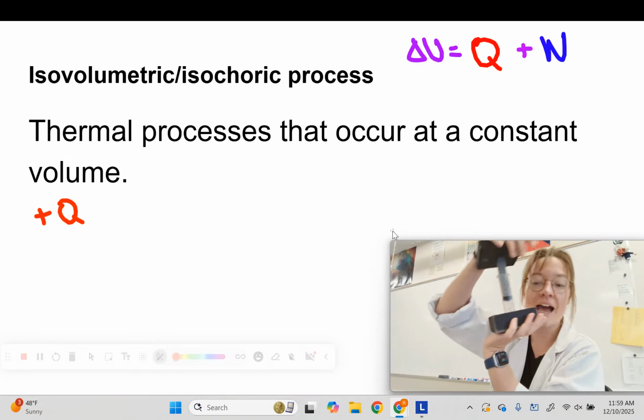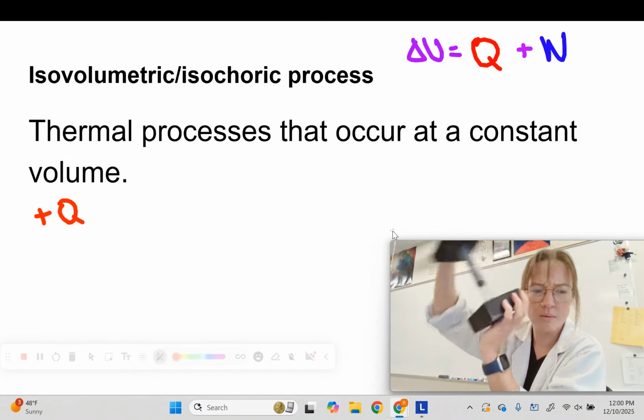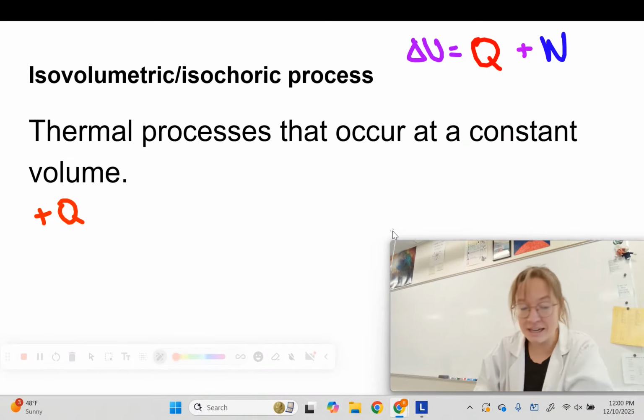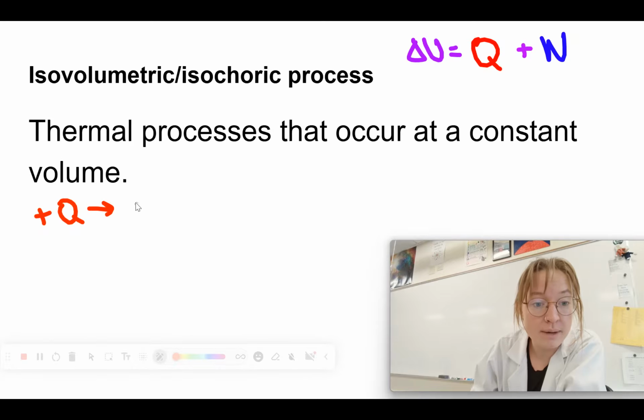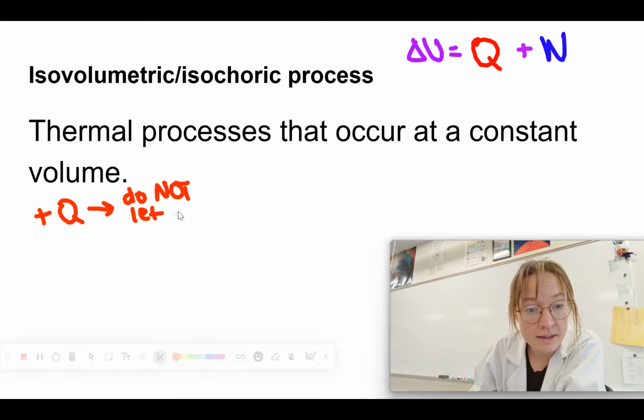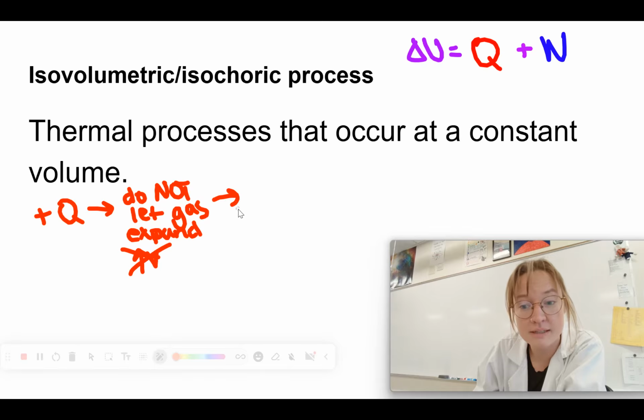So I add heat, but I do not let the gas expand. In other words, I do not let the volume increase.